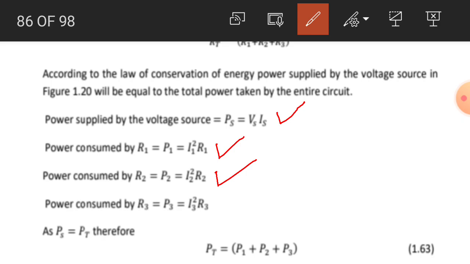The power consumed by R3 will be equal to I3 square R3. As the power supplied by the source is equal to the power taken by the circuit, the power taken by the circuit will be equal to P1 plus P2 plus P3.